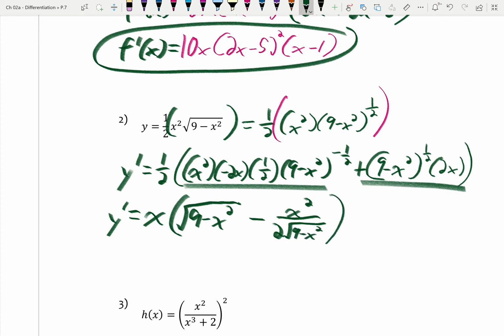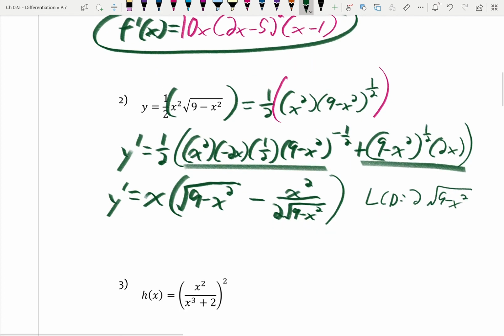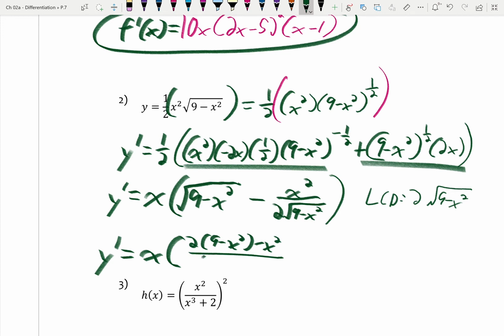That was a nice cleanup step, because now you can see what you have to do: the LCD of 2 root 9 minus x squared to add those two pieces. Y prime is equal to 2 times the quantity 9 minus x squared over 2 root 9 minus x squared.